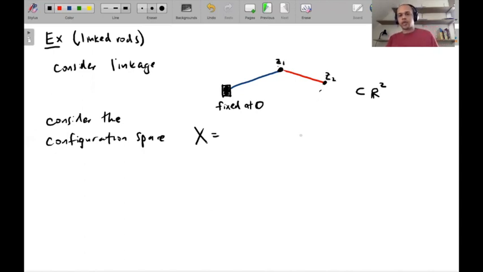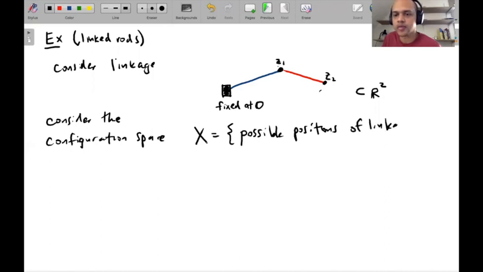And I just want to know all the possible positions of Z1 and Z2. So the configuration space, it's all the possible positions of the linkage, but I can write that a little more precisely as its possibilities for Z1 and Z2.